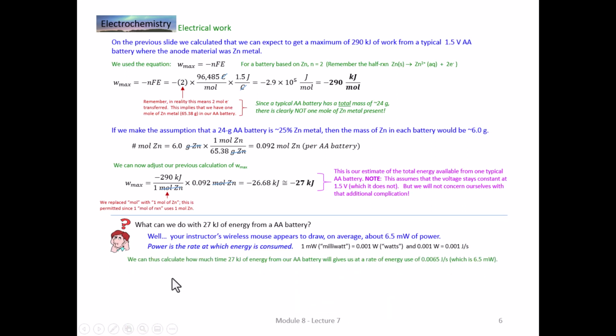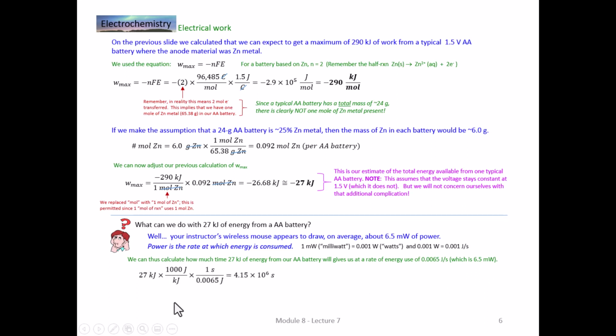So what I'm going to do is calculate, using this information, how much time 27 kilojoules of energy from our AA battery would give us at a rate of energy use of 6.5 milliwatts, which would be 0.0065 joules per second.